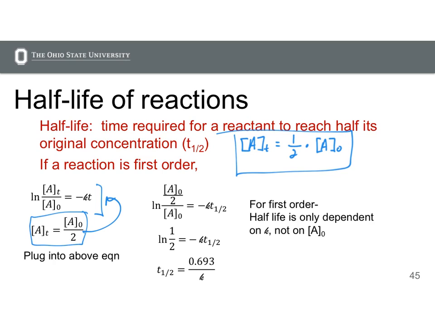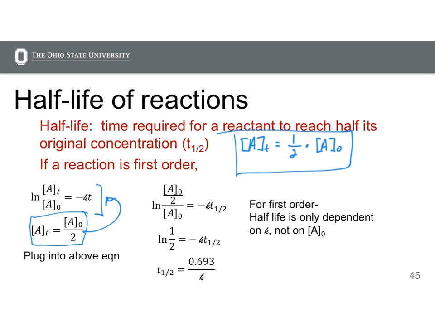The half-life is not dependent on the initial concentration, okay? It's only dependent on the rate constant. So no matter what size pile of uranium I have, nuclear fission is first order decay, the half-life is going to be the same.